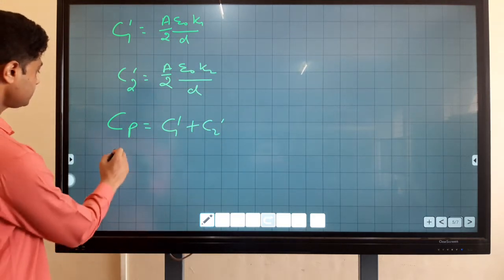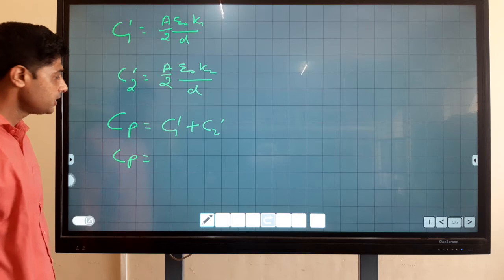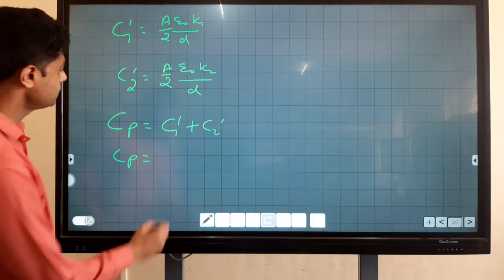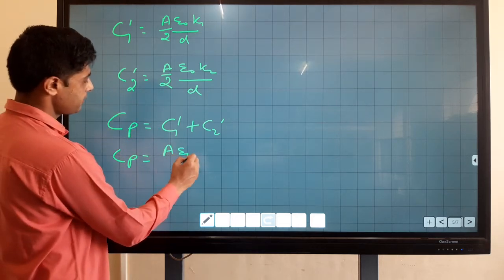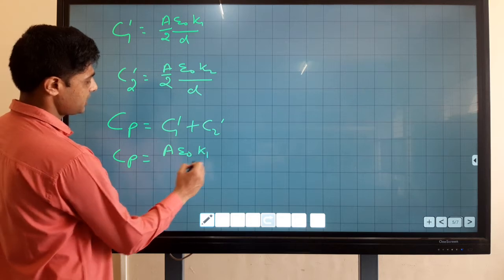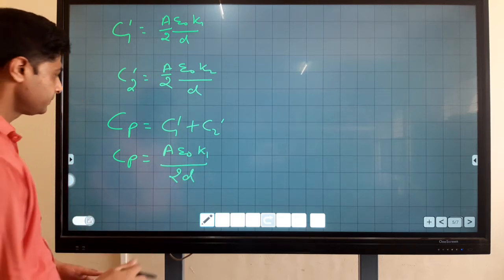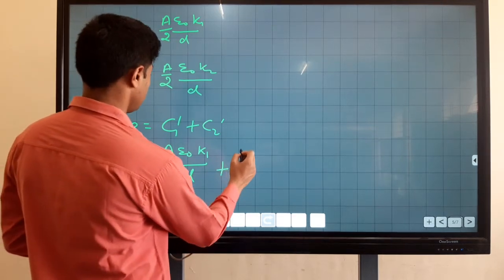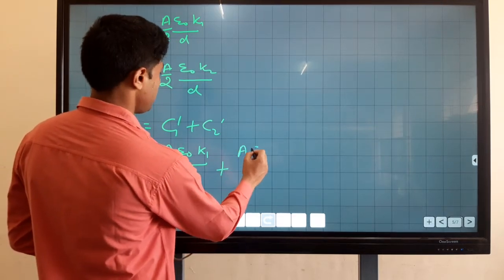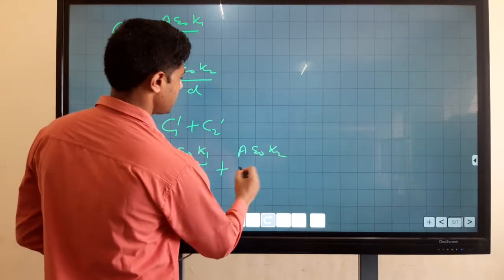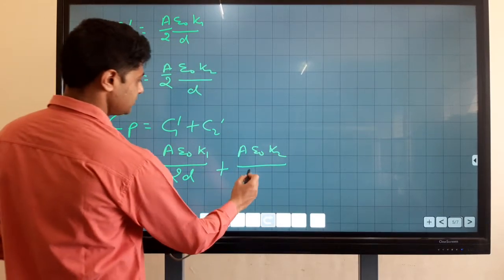So CP equals A epsilon naught K1 upon 2D plus A epsilon naught K2 upon 2D.